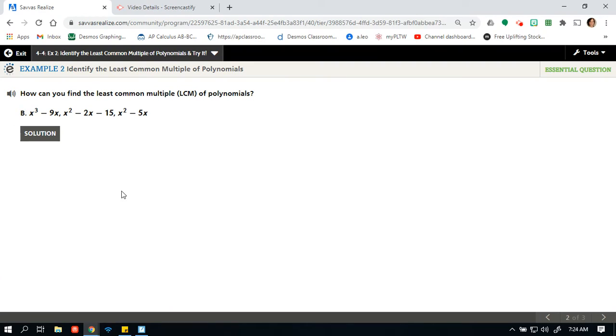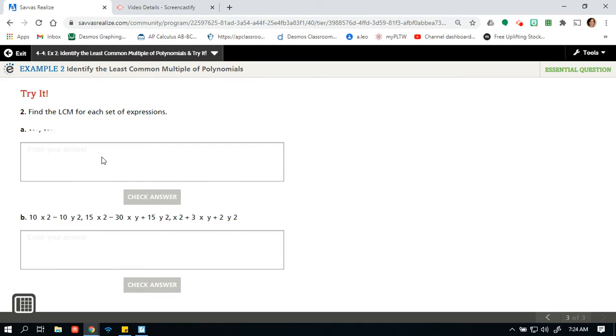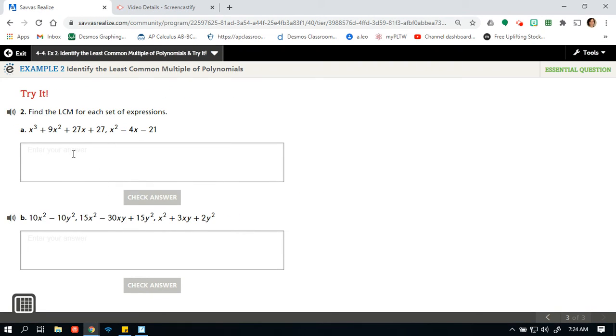All right. So in the next Try It, you're going to find the least common multiples for these ones. This first one is looking like it's going to be possibly Pascal's triangle.